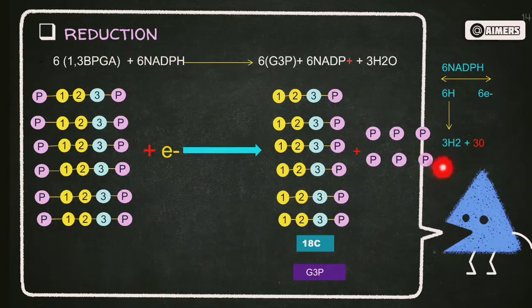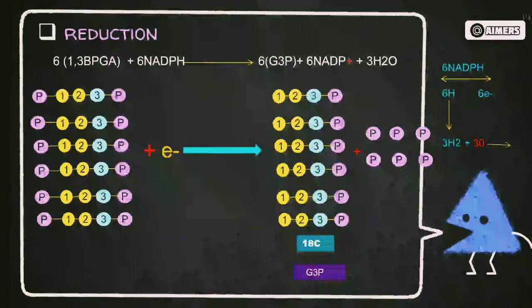Now those 3 oxygen from carbon dioxide add to 3H2 to make 3H2O. So do remember that 3 molecules of water are produced in the process of dark reactions. The hydrogen in the water is from NADPH and the oxygen in the water is from carbon dioxide. Got it?